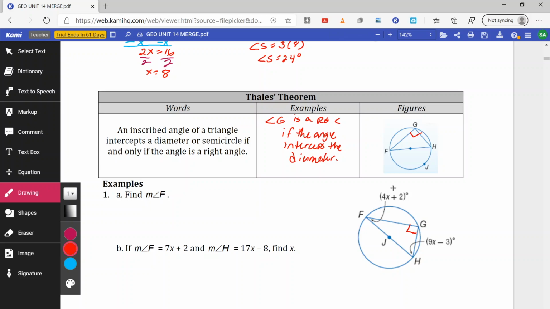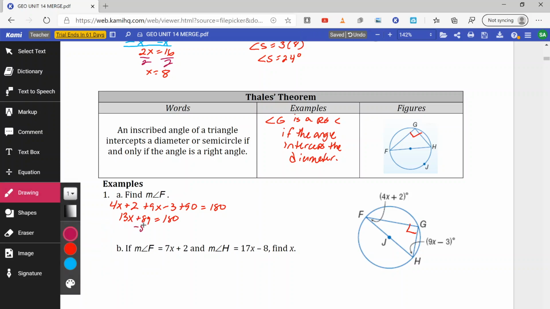Or what we can do is say our two unknown angles are equal to 90, because 180 minus 90 gives me 90. So first things first, 4x plus 2 plus 9x minus 3 plus 90 gives me 180. Add our like terms, 4x and 9x makes 13x. 2 minus 3 plus 90 gives me plus 89, equals 180.